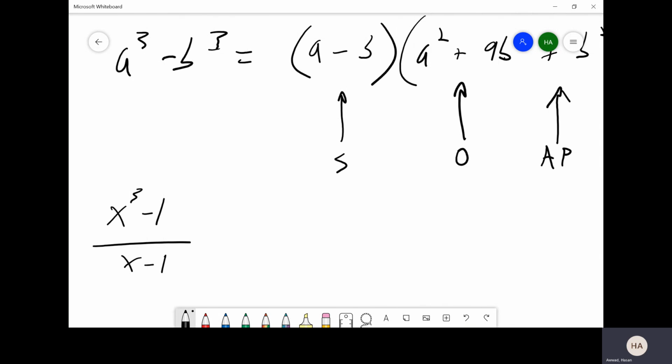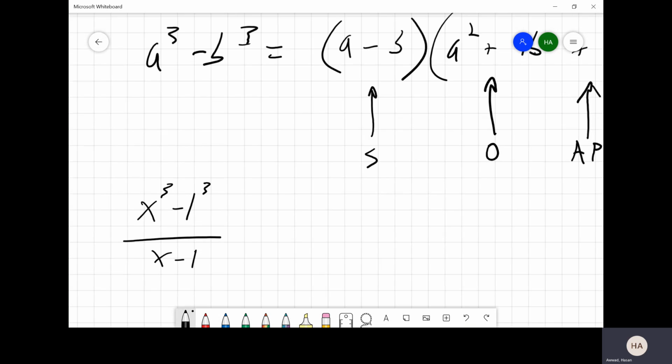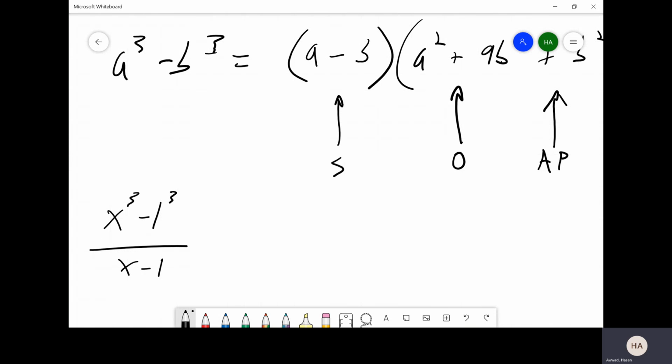So what we know here is, okay, well, we have an x cubed. And we know that 1 is the same thing as 1 cubed, right? 1 cubed is still just 1, so we just change the form of it so that we can match our factoring scheme here. And now we just factor according to our blueprint, right? So factoring here, that's going to give us an x minus 1. Then we're going to have an x squared. Now we flip the sign, right?